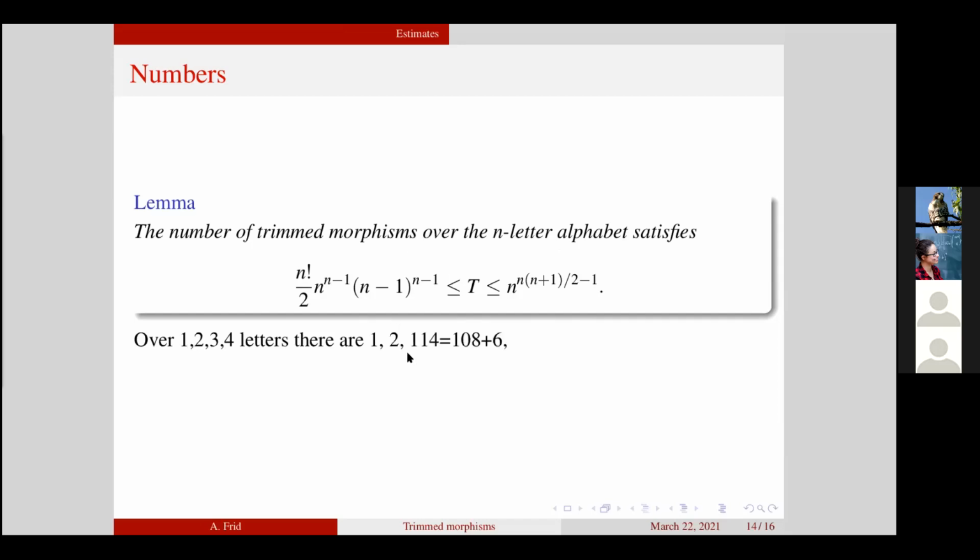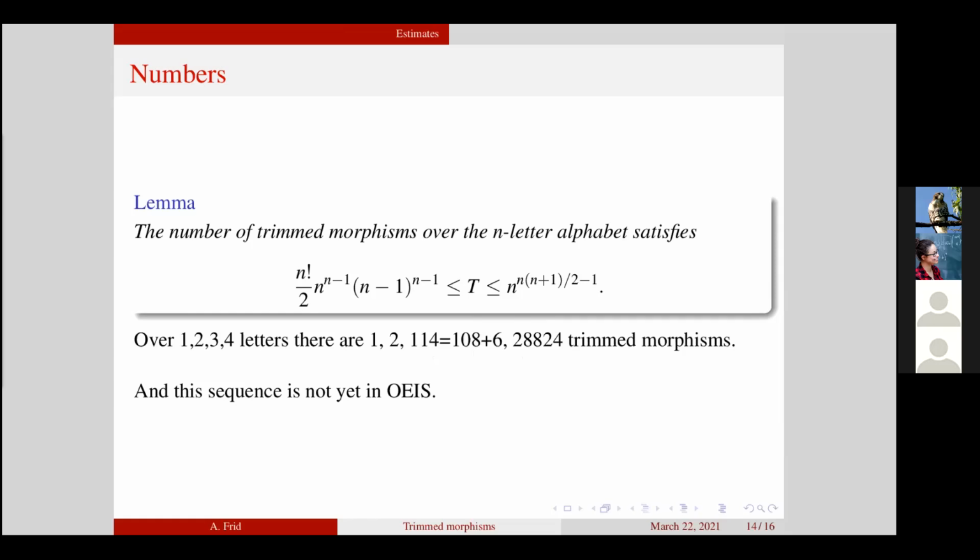Then over 3 letters, there are already 114, which are the 6 permutations and the 108 morphisms where the symbols separate one by one. And then for n equal to 4, there are 28,000 something. So it's a sequence which grows very fast, and I don't know how to deal with it.